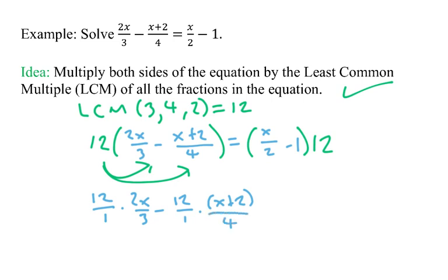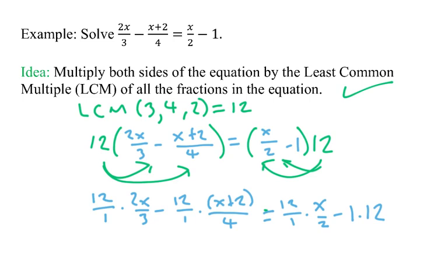And on the other side, also distributing across the 12, we will have 12 over 1 times x over 2, and 12 over 1 times 1. And for 12, since there's no fraction in that term, let's just call it 12.